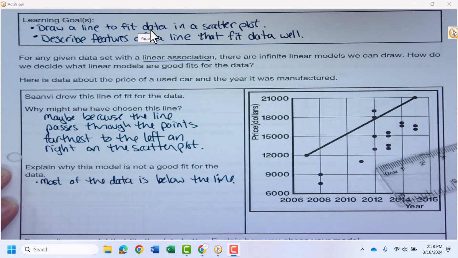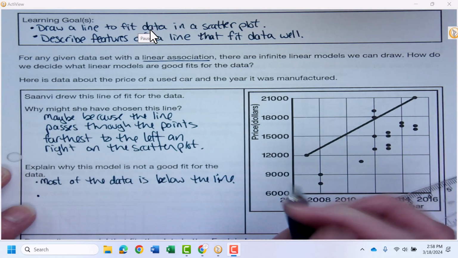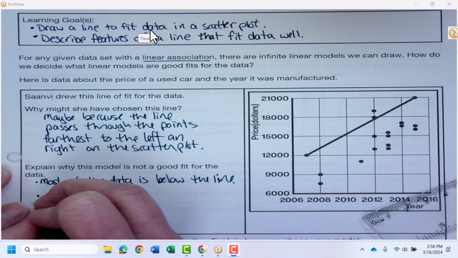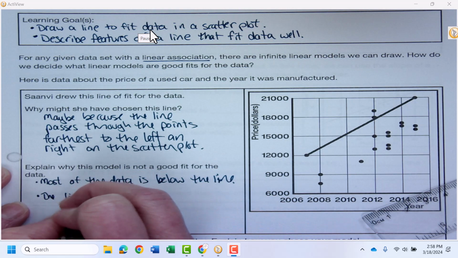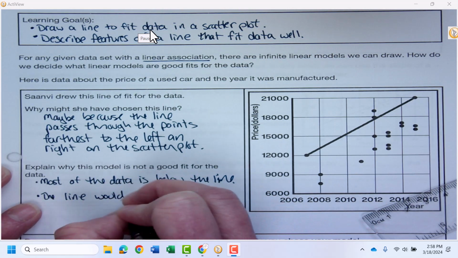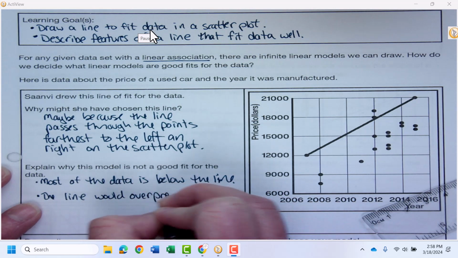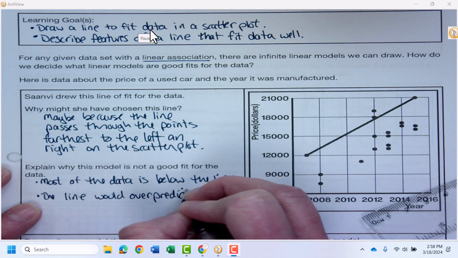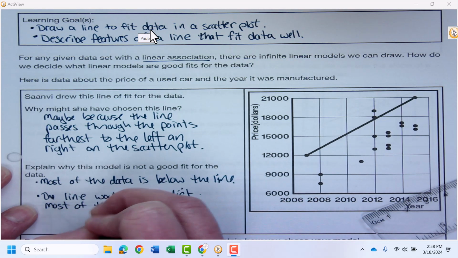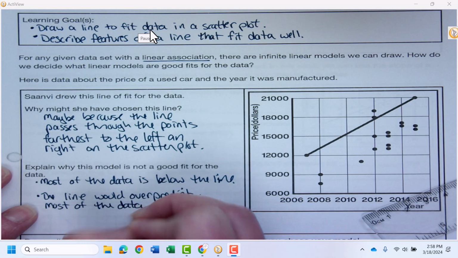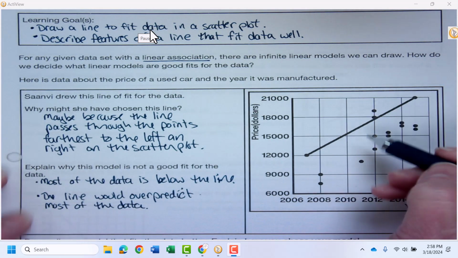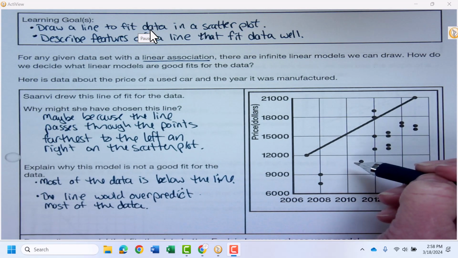And this line, if we used it, would overpredict most of the data. Let me tell you what I mean by overpredict. A line of fit is there so that we can make good predictions about data that's not actually part of the set.